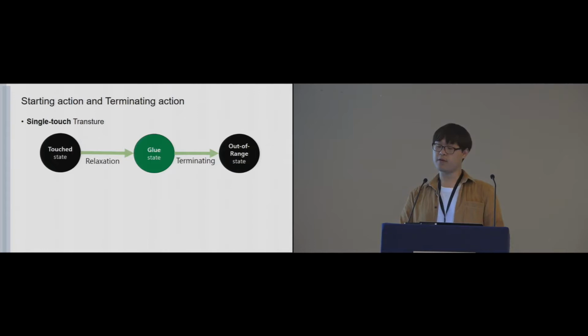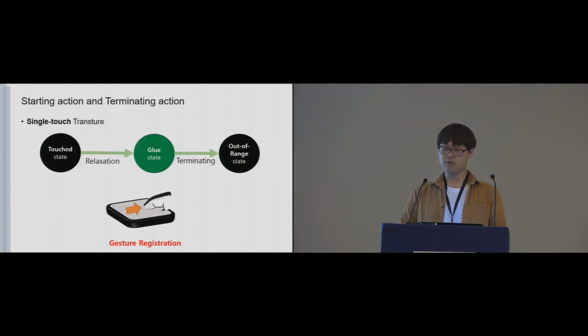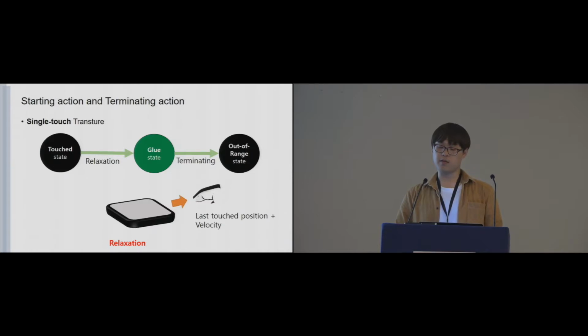This is a simplified state diagram for transistor. First, a user does a touch gesture on the screen for gesture registration, and then a user keeps moving across the bezel of the screen. Then a closed state is starting.